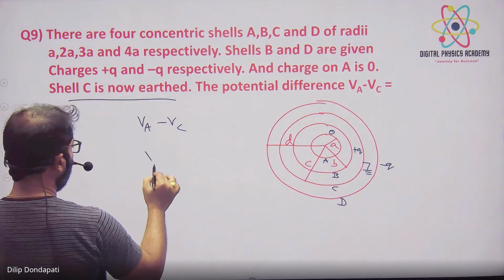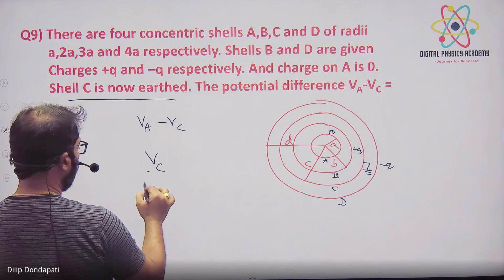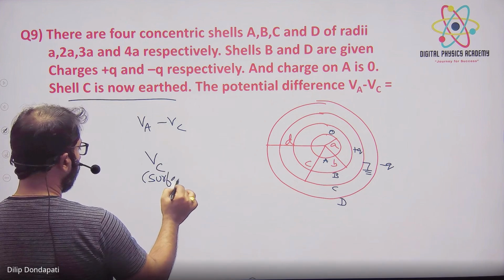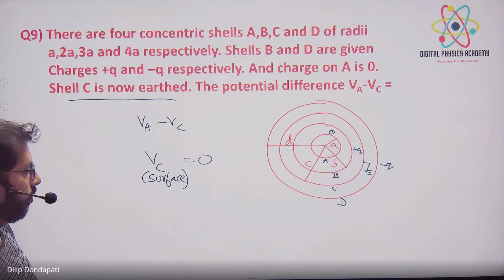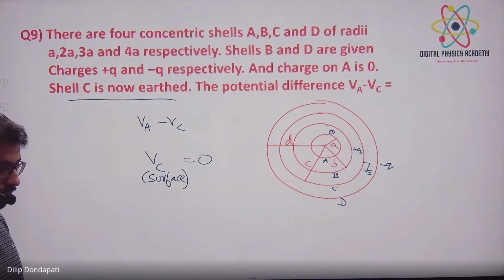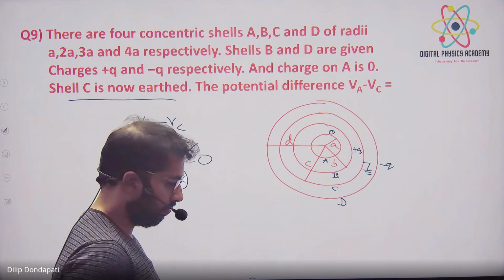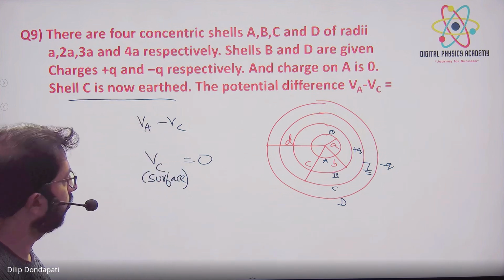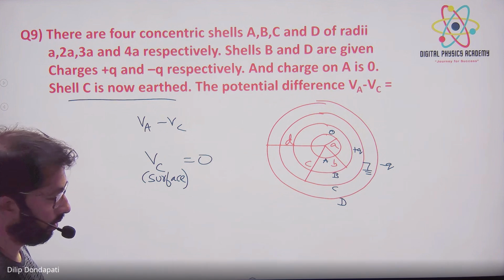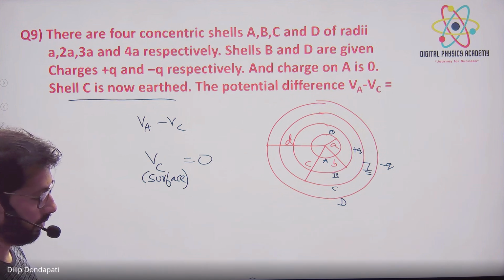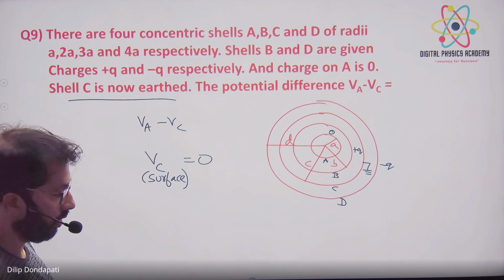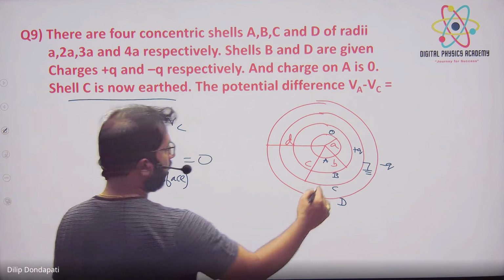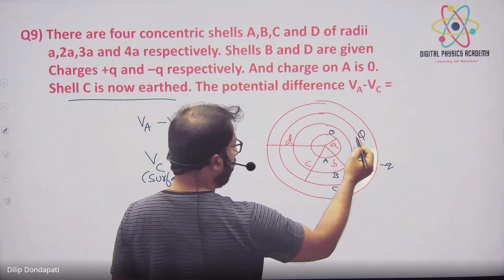The total potential at the C surface is 0 because of earthing. Use the concept and find the value. First find the charge. Assume a capital Q on this surface. Find the charge first.